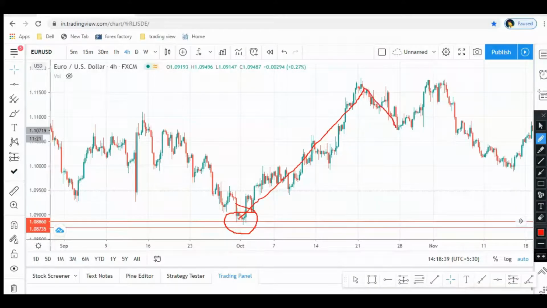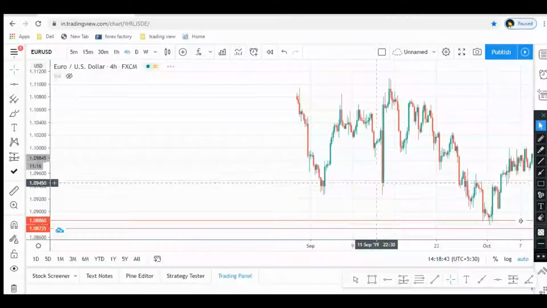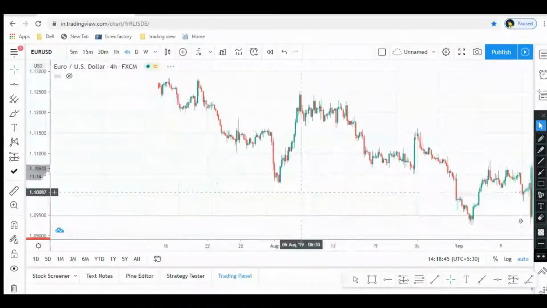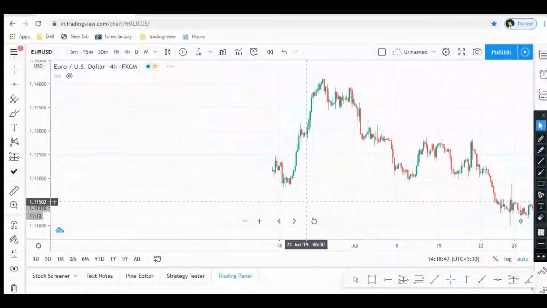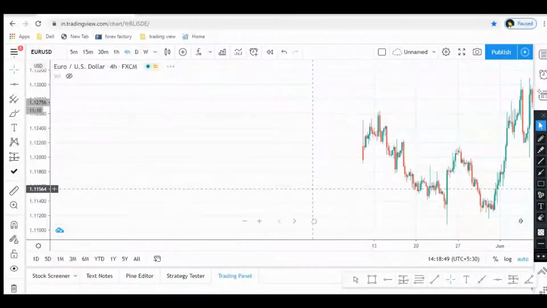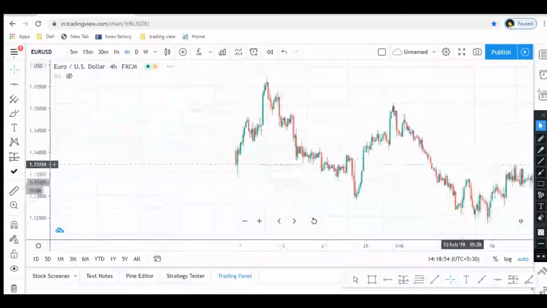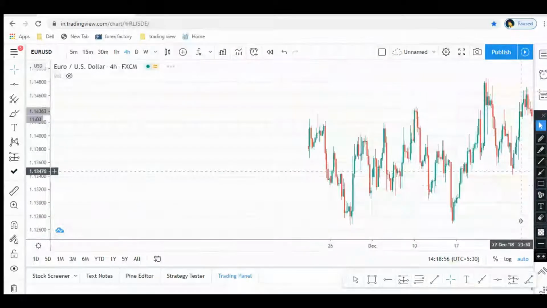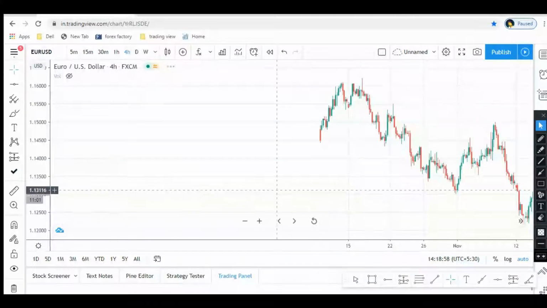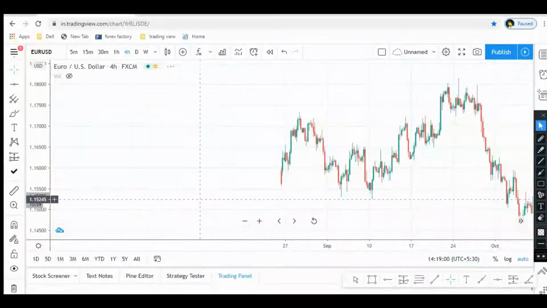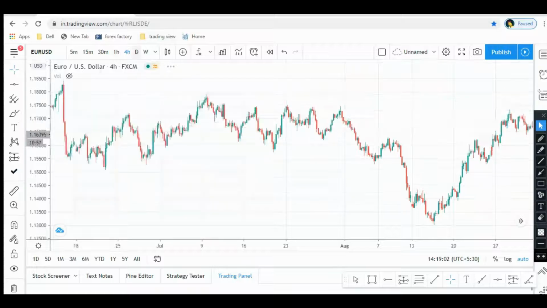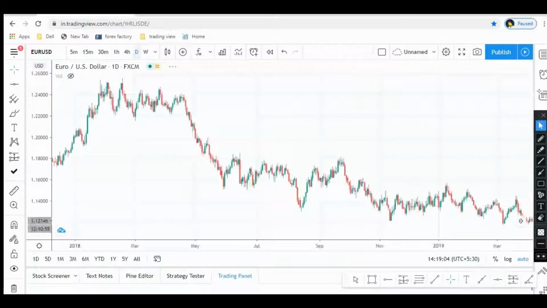How strong did this area act? Now we will go back. Let's find out. I couldn't find anything, so let's switch to the daily chart.